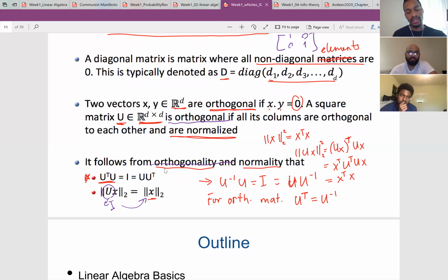I guess one case is for proofs. This isn't very practical, but if you are writing a paper and you want to prove that the norm of some matrix times some vector is equal to the norm of just the vector, then if you can prove that the matrix is orthogonal, you can use this property.